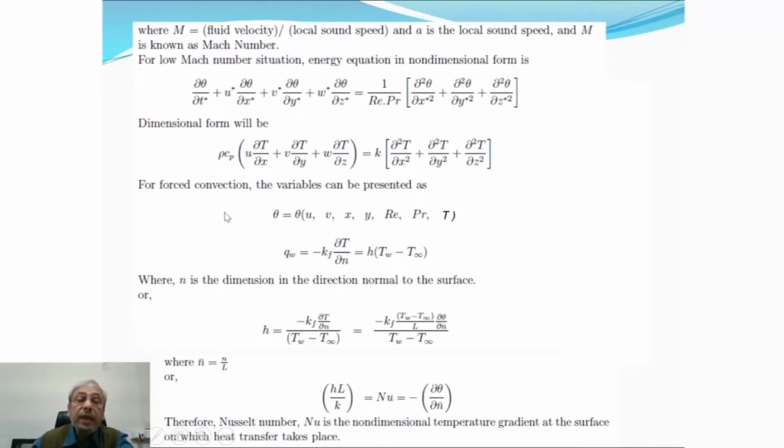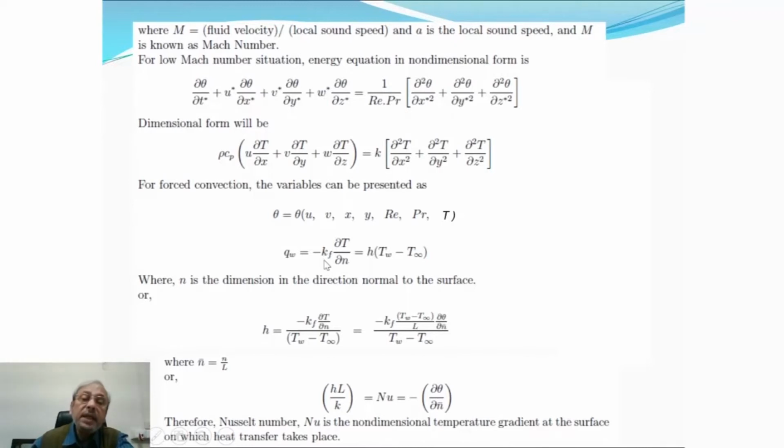So if we can find out T or theta everywhere, then from there, the wall to fluid heat transfer we can calculate as QW equal to minus Kf, and this heat transfer may be considered per unit area, like heat flux.